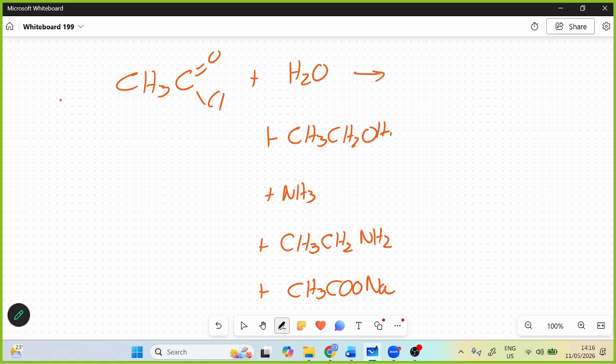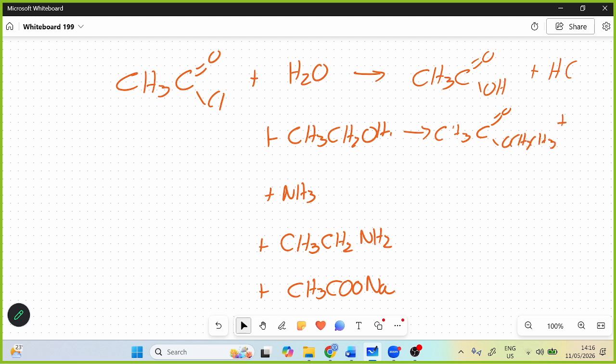The first one will form the carboxylic acid plus HCl. The second one forms the ester plus HCl.